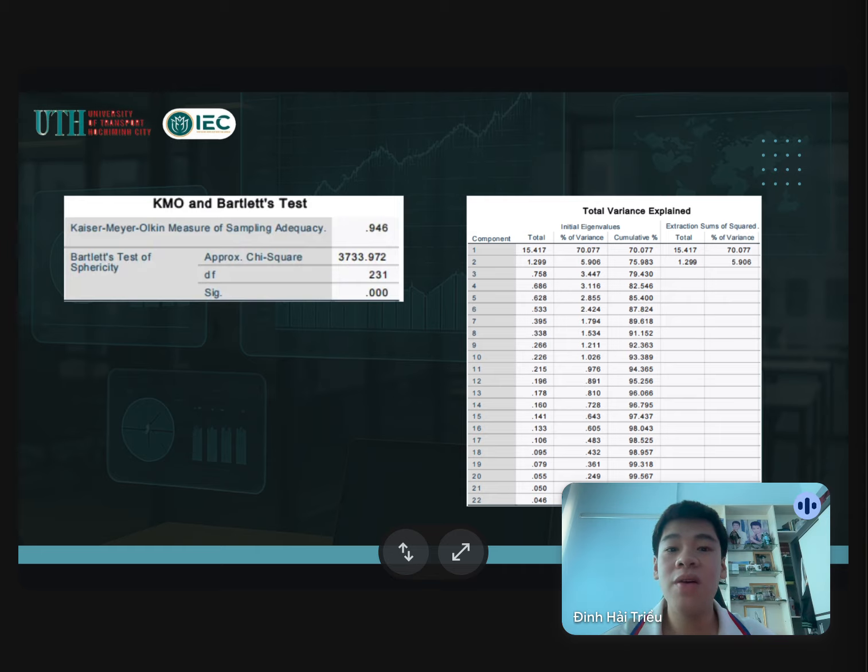Our KMO value is 0.946. Since this value is much higher than the recommended minimum of 0.5, it indicates that our sample is more than adequate for factor analysis. Next is the Bartlett test of sphericity.